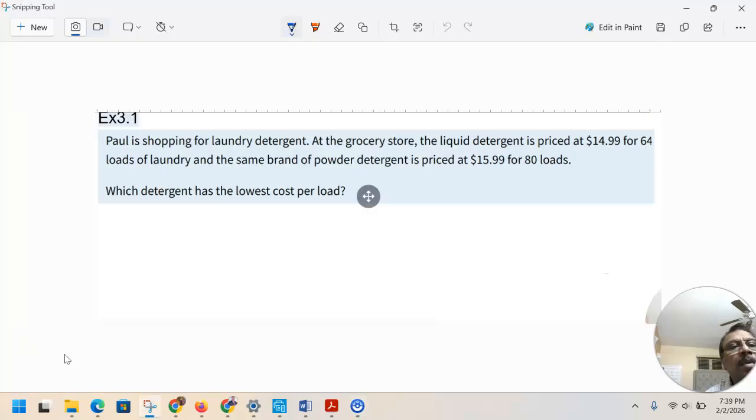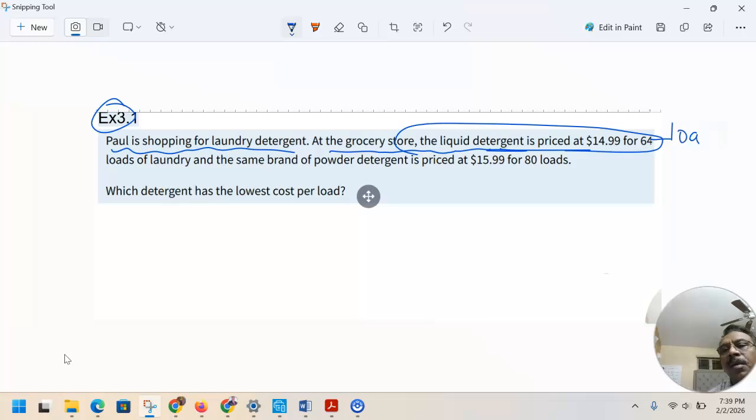Now, in example three, Paul is shopping for laundry detergent, and at the grocery store, the liquid detergent is priced at this, 64 loads here. And then there is another one with powder detergent, which is priced at this one. See, a lot of information is given.